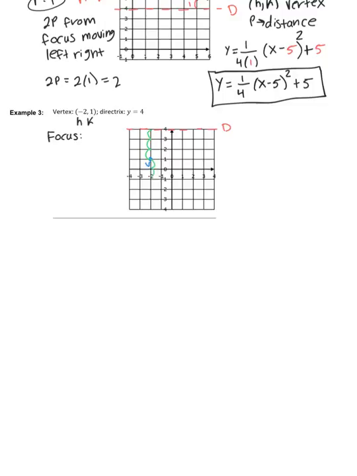So I'm going to go 1, 2, 3. So this point here, this is going to be my focus. Okay, and that is at -2, -2. Okay, so I've got my base equation.